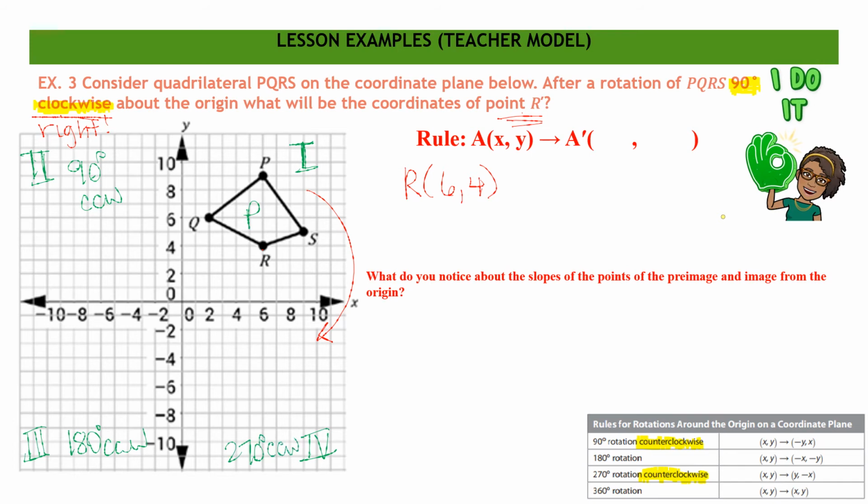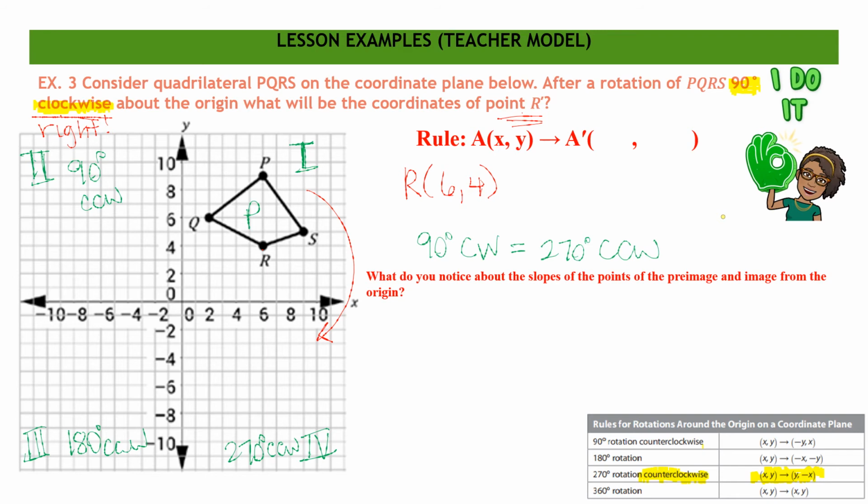But if you notice, 90 degrees clockwise is the same. So 90 degrees clockwise is the same as 270 degrees counterclockwise. So therefore, ladies and gentlemen, we can use the same rule that we have for 270 degrees counterclockwise, which is this rule down here.